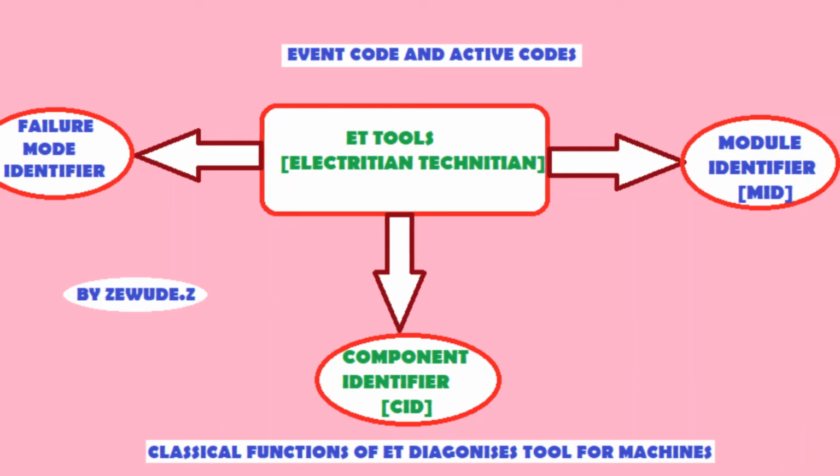Active codes and event codes are mostly displayed at the bottom of your software. Once you open and activate your software with the ECM, these are then stored as a history at the bottom side of your ET tools software.